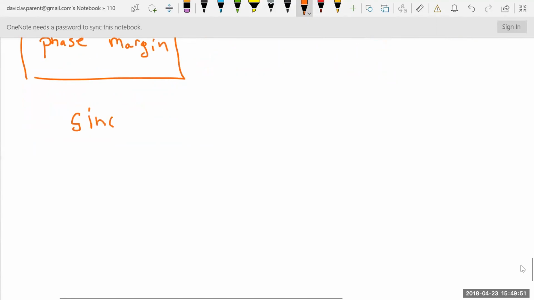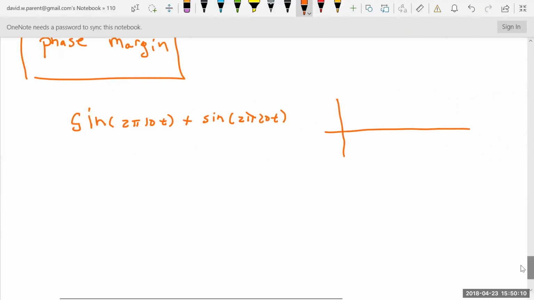Sine 2 pi 10t plus sine 2 pi 20t, right? Well, this one's pretty straightforward.